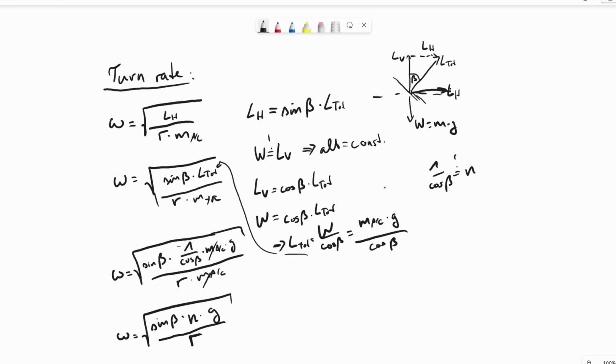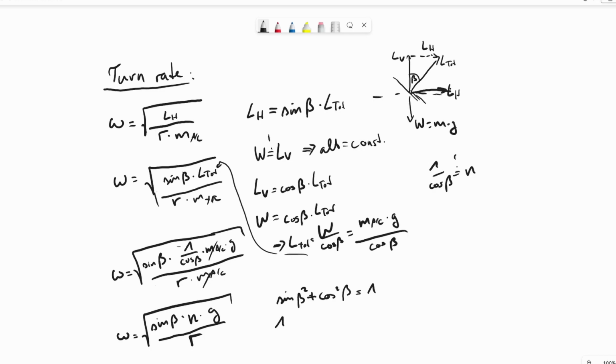Okay, now most of you probably know that sine squared plus cosine squared is 1.